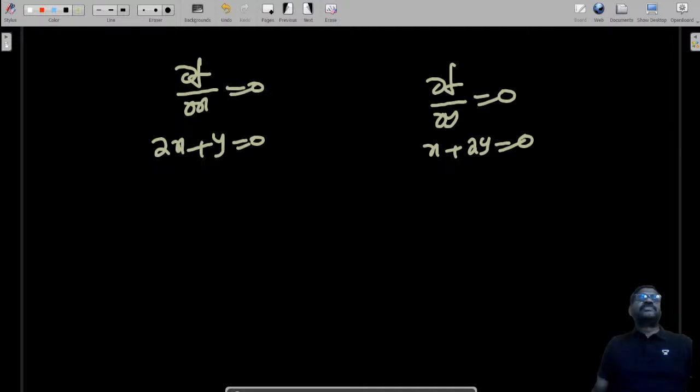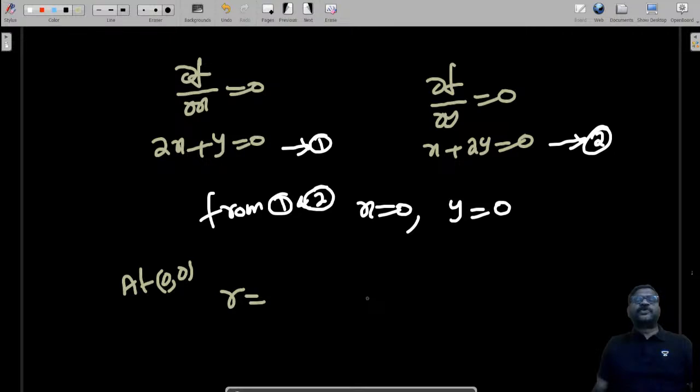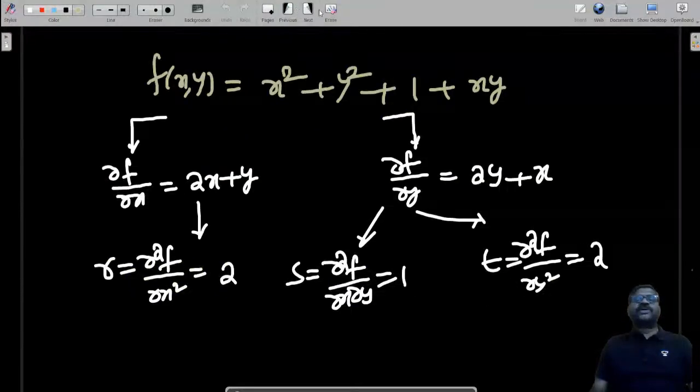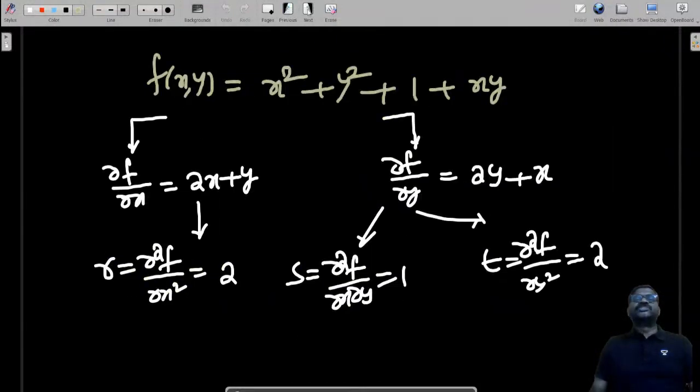By solving these two equations, from 1 and 2, x = 0, y = 0. At (0, 0), the value of r is 2, s is 1, t is 2.